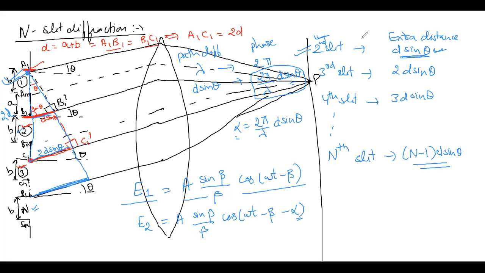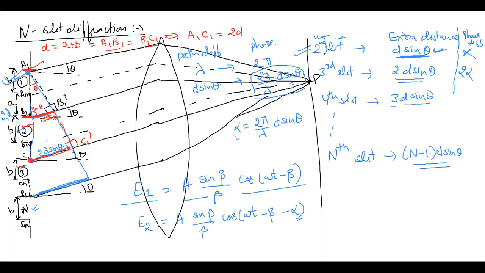So if you have done it for the second slit, the extra distance traveled by the wavelets originating from the second slit was d sine theta. For that, the phase difference was alpha. If the distance becomes 2d sine theta, then your phase difference would be 2 alpha.